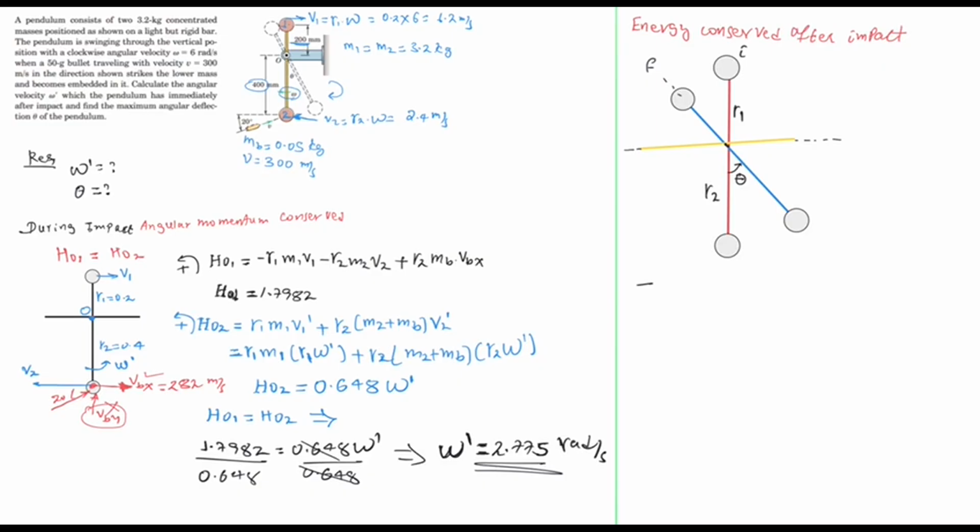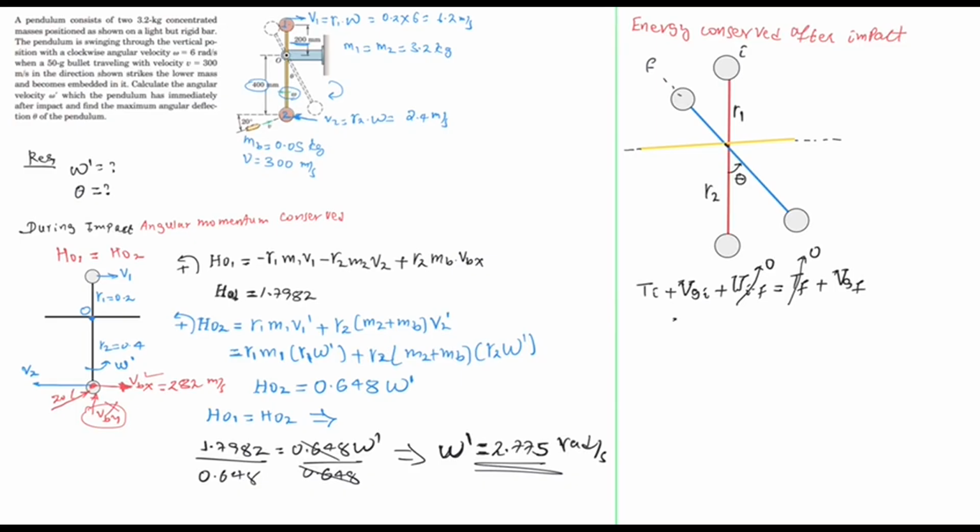We know that kinetic energy at the initial plus potential energy at the initial with respect to gravity, plus the work done from the initial point up to the final point, will be equal to kinetic energy final plus potential energy final. Since there are no external forces, there is no work done, so it will be 0, and the system will be at rest, that means the final kinetic energy will also be 0.